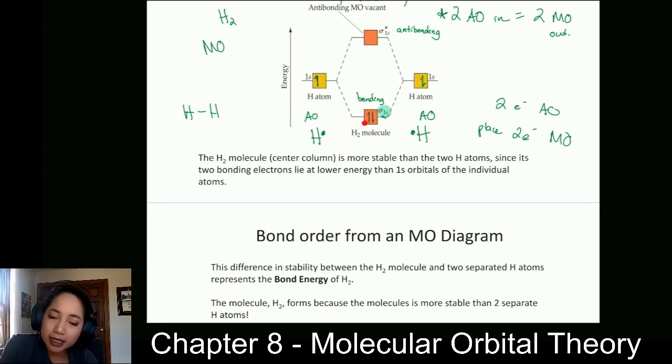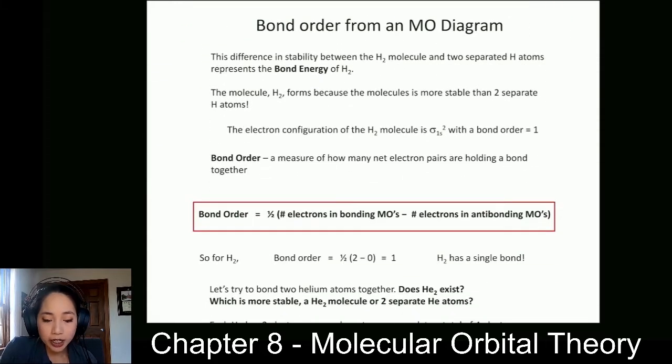So this is why in nature, when elemental hydrogen exists, it exists as an H2 molecule, because MO theory tells us that the combination of atomic orbitals results in a lower energy orbital and a higher energy antibonding orbital, but due to the number of electrons in hydrogen, they occupy all bonding orbitals. And so that's why H2 exists in nature, and we can calculate that through its bond order.